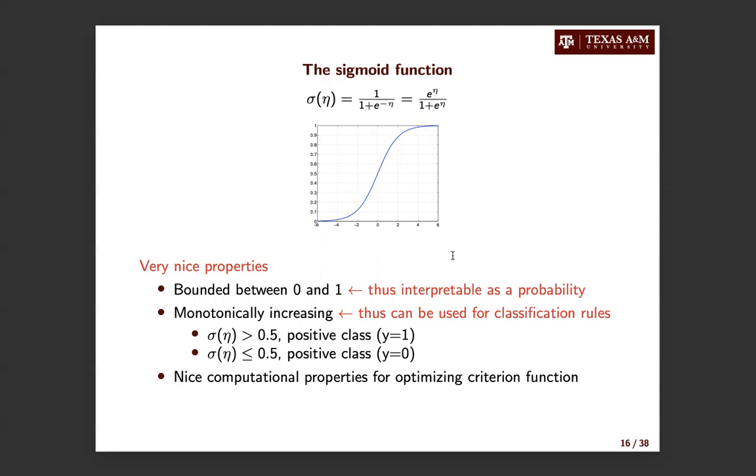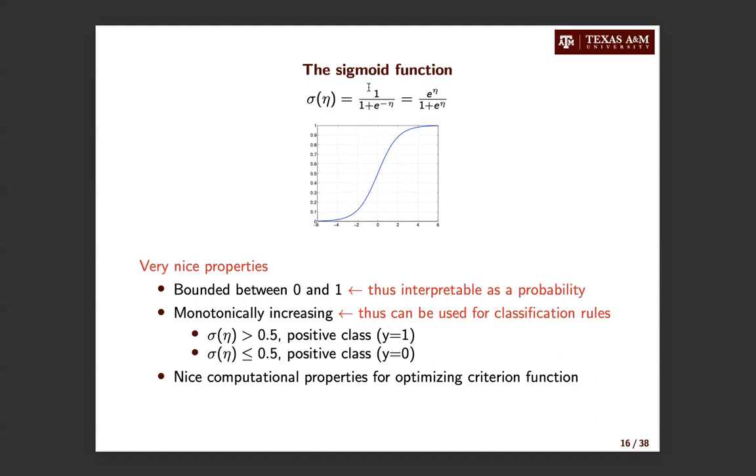However, the value W transpose X ranges from -infinity to infinity. If we are to assign a probability to this value, then this probability output should be between 0 and 1. The sigmoid function has the ability to map an input number that ranges from -infinity to infinity into an output that ranges from 0 to 1.